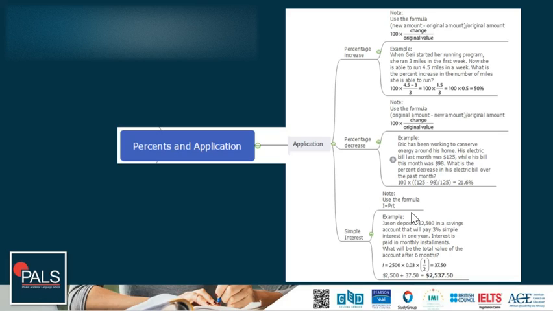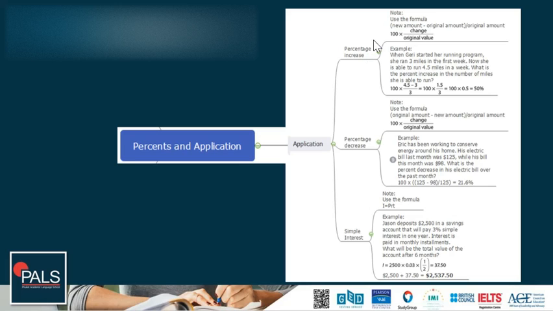Let's proceed to the applications of percents, or word problems that involve percents. Here, I will be giving you three possible word problems that will always arise on the GED test that involve percents and applications. The first one is percentage increase.